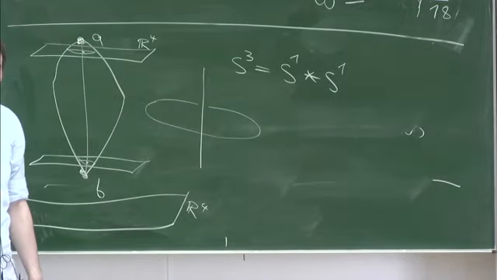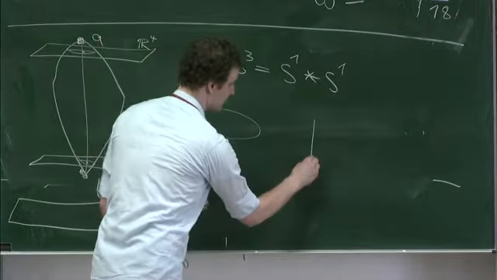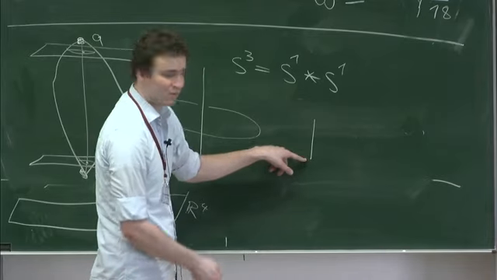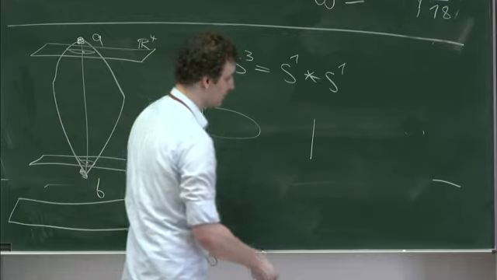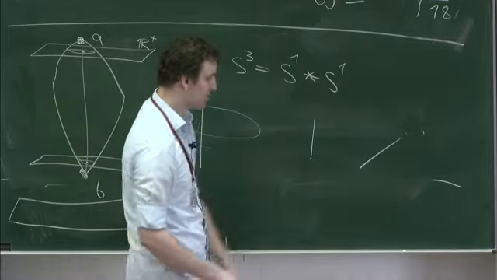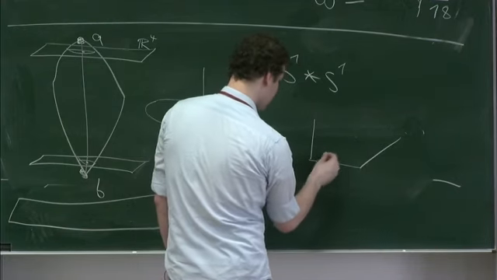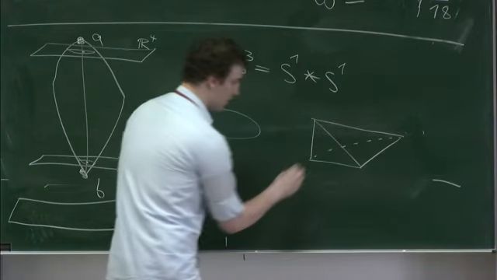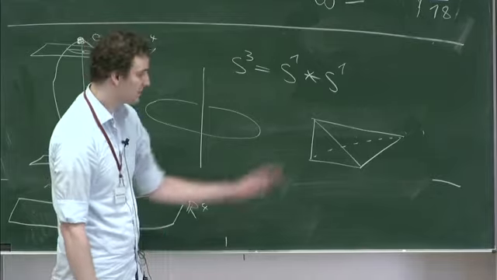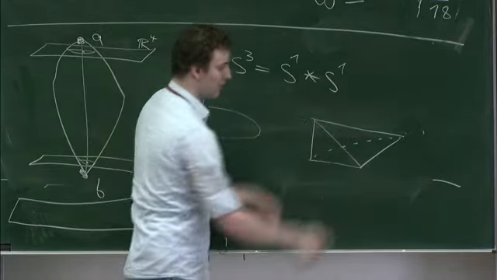But I like the following picture better. S^1 is an edge where you identify the two endpoints. Here's the other S^1, and now you just take the join of those, which is a 3-dimensional simplex with some identification. So you identify this facet and this facet, and this facet.